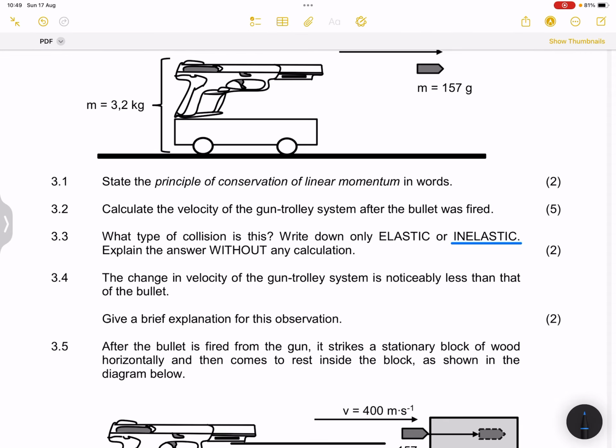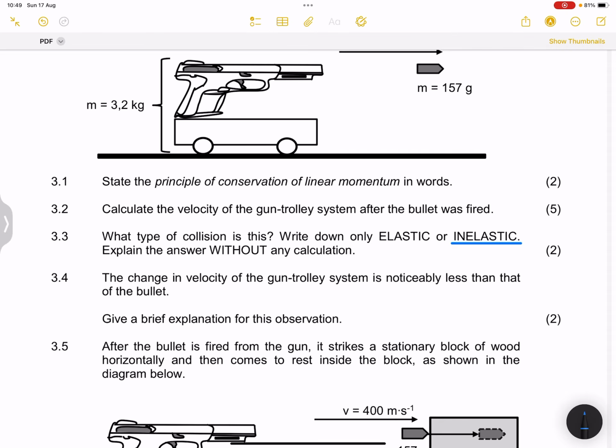It's a collision where kinetic energy is not conserved. Remember that immediately when you fire a gun, you're going to hear a sound, and there's heat that is generated. So you are converting that kinetic energy into other types of energy, right? In this case, they say explain the answer without any calculation.